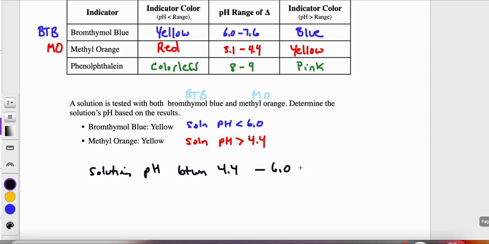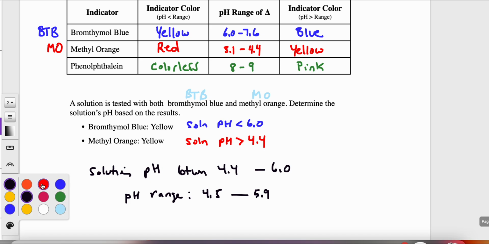It's greater than 4.4, but less than 6. So the pH range, based on these indicators, has to be higher than 4.4, so we would say 4.5, but less than 6.0, so we'll just say 5.9. If our answer is asking for a pH range, we would give a range of 4.5 to 5.9.